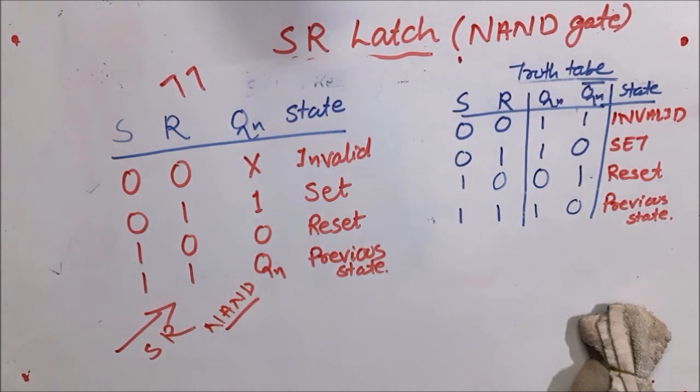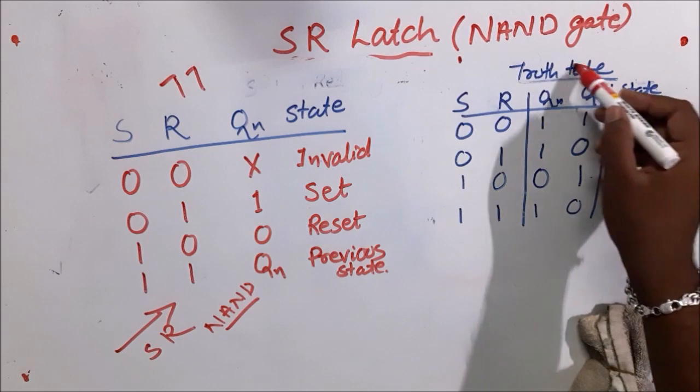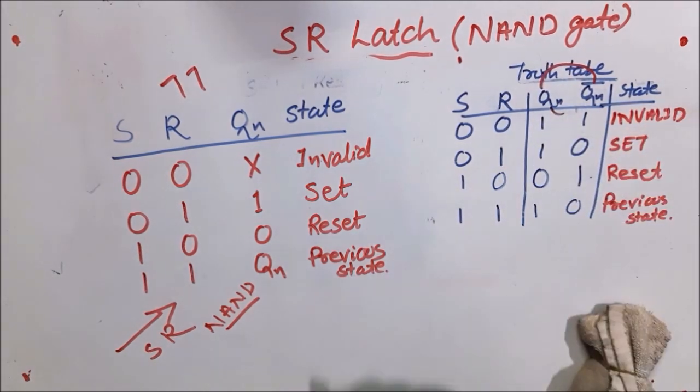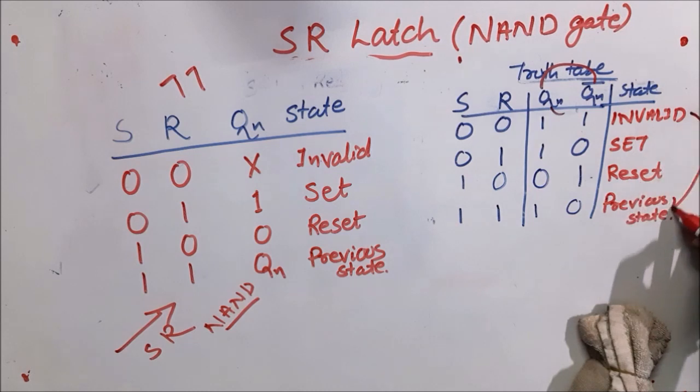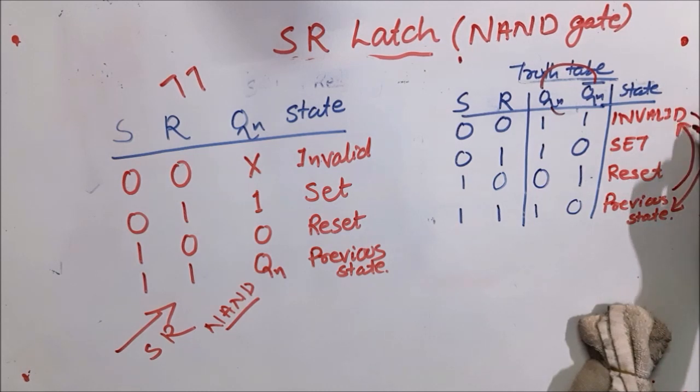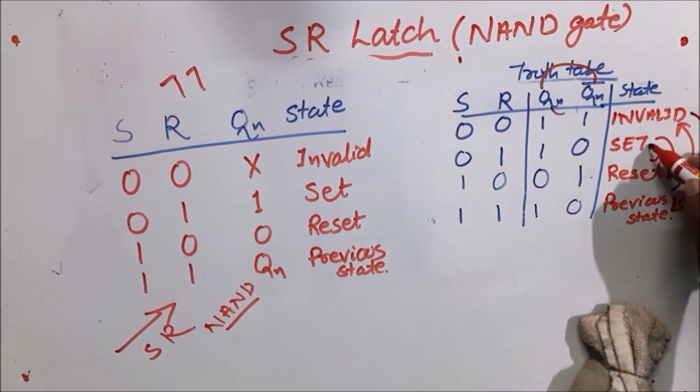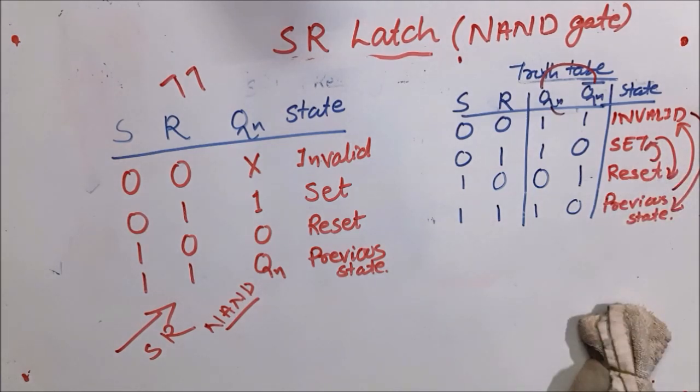Okay, I told you if you design the truth table of NOR gate, you just change the position of Qn and Qn complement. So if you change this position, this comes to here, this goes to here, this comes to here, and this goes to here. We'll just interchange the outputs.